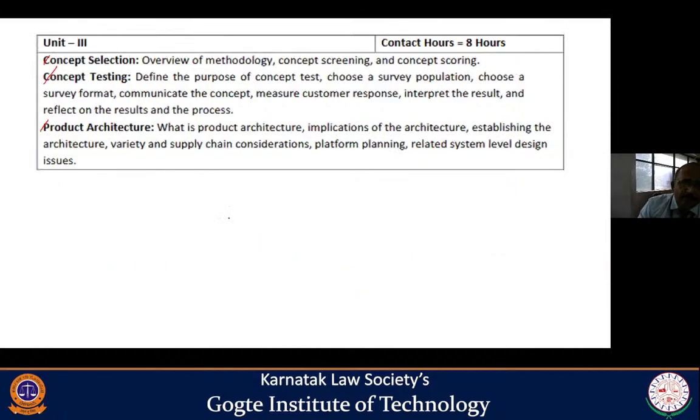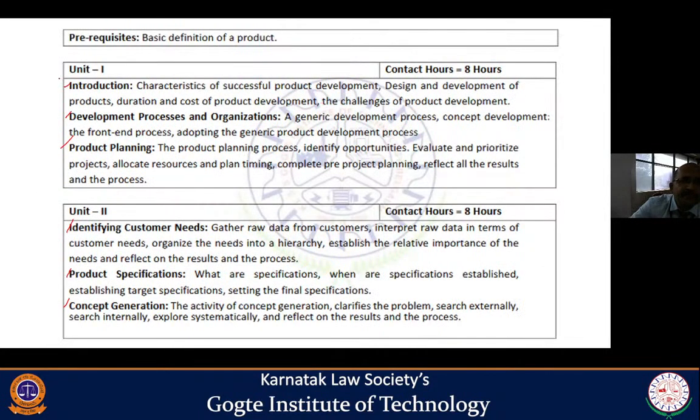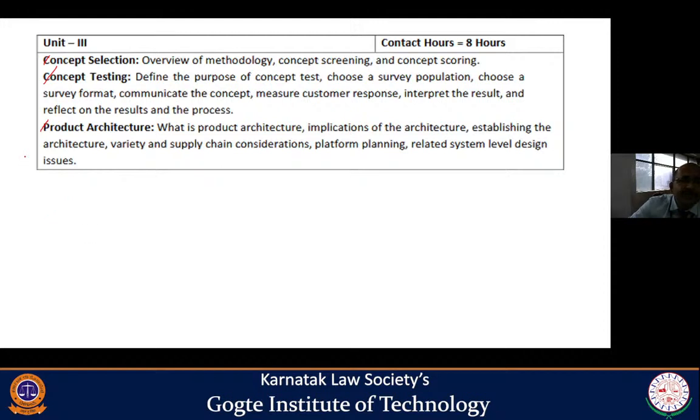So this subject is mainly divided into 3 units and 2 units: 3 units for product design and 2 units for rapid prototyping. This is entirely a theoretical subject, but in unit 1 to unit 3, we have some case studies with respect to the product design, so that we can go up to level 3 in the Bloom's taxonomy.